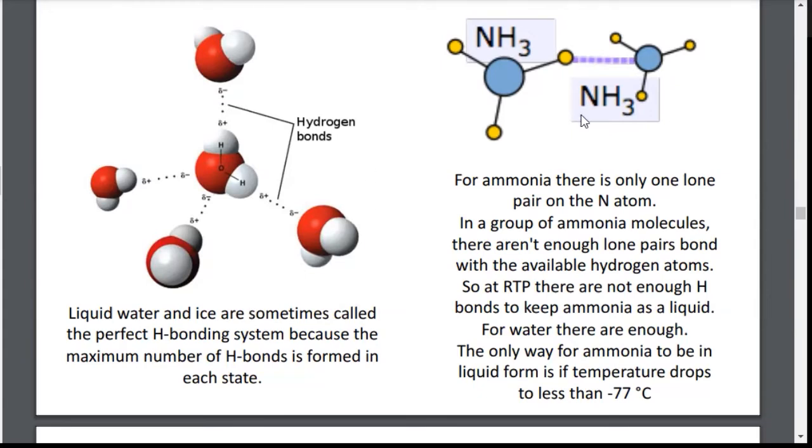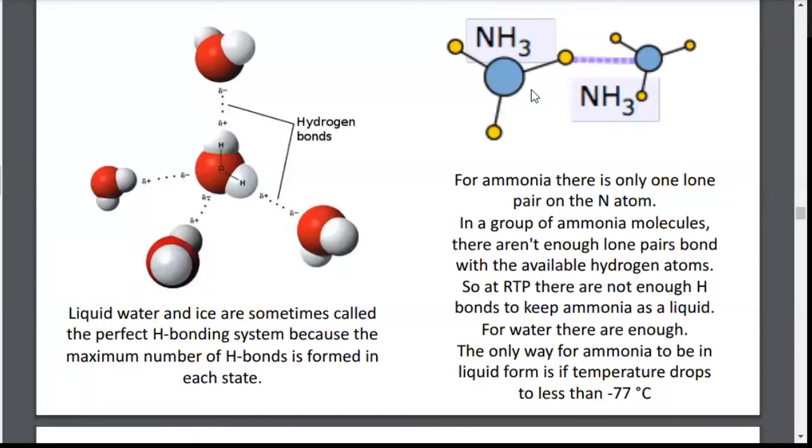Whereas in ammonia, there's only one lone pair, so only one on the nitrogen atom. So in a group of ammonia molecules, there just aren't enough lone pairs on the nitrogen atom to bond with all the available hydrogen atoms. So it can bond with one other, but there are still three hydrogen atoms available which don't bond with anything.